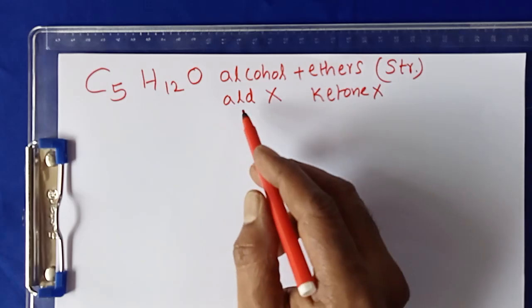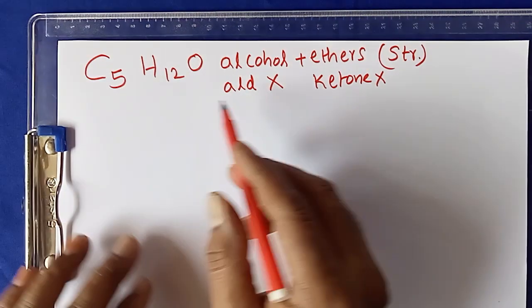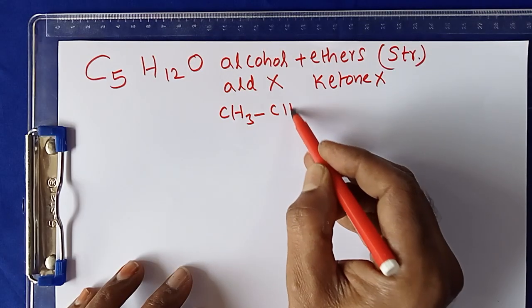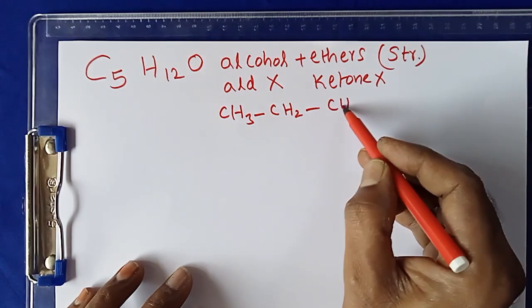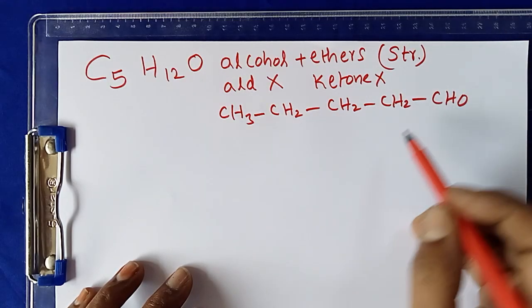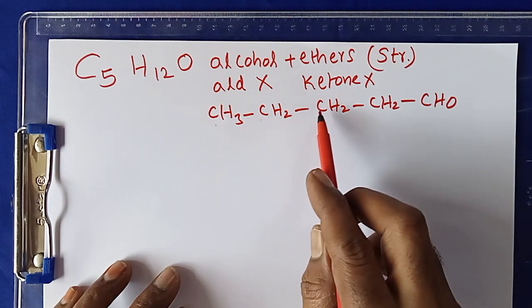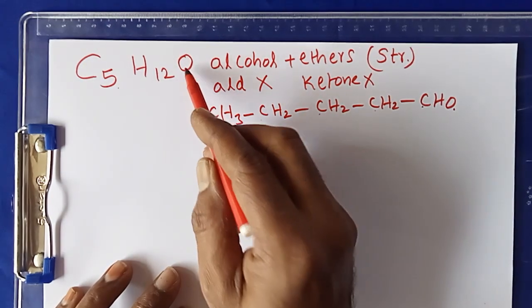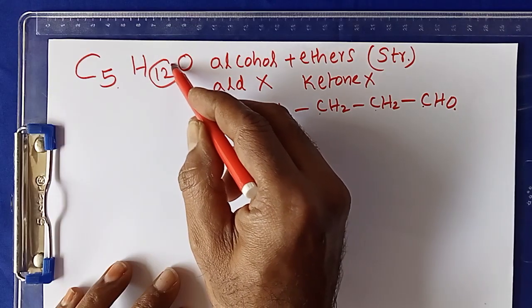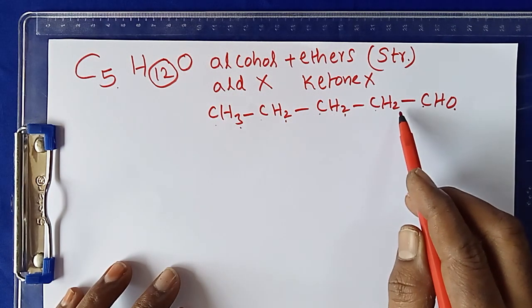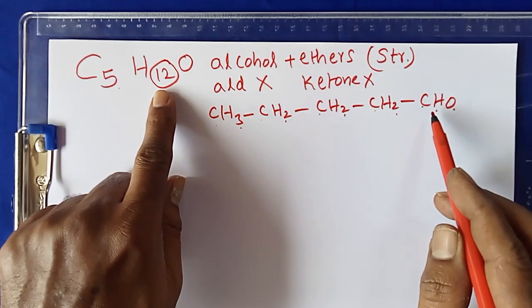If you have any doubt why aldehyde is not possible: with 5 carbons, 1 aldehyde you write down. What is that? CH3, CH2, CH2, again CH2, CHO. How many carbons? 1, 2, 3, 4, 5. 5 carbons, okay. 1 oxygen, okay. But the main important thing is hydrogens only. How many hydrogens? 3 plus 2 is 5, plus 2 is 7, plus 2 is 9, plus 1 is 10. But here 12 hydrogens are there.